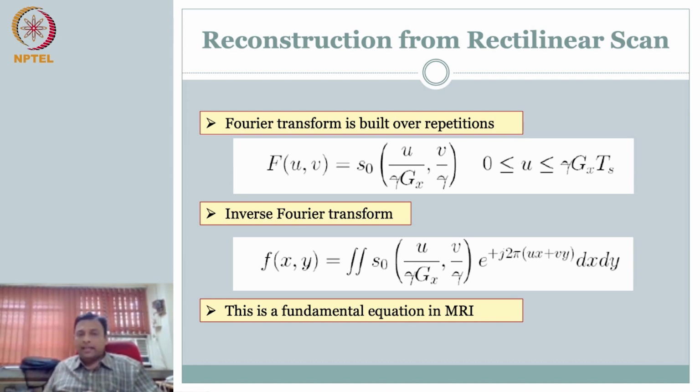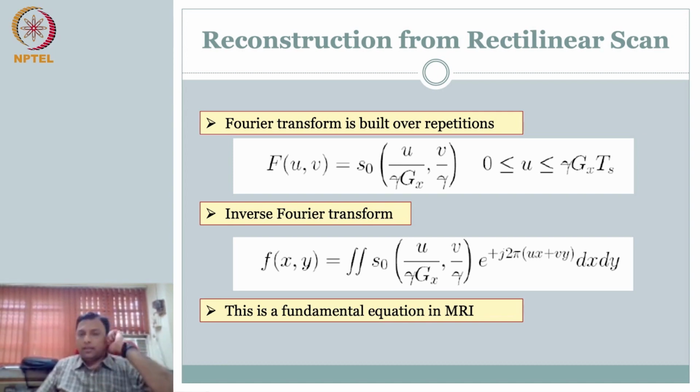You are reorganizing the data so that you recognize what you have in this form is nothing but f of u comma v. Once you have that, take the inverse Fourier transform. This is the fundamental equation in MRI for rectilinear scanning.